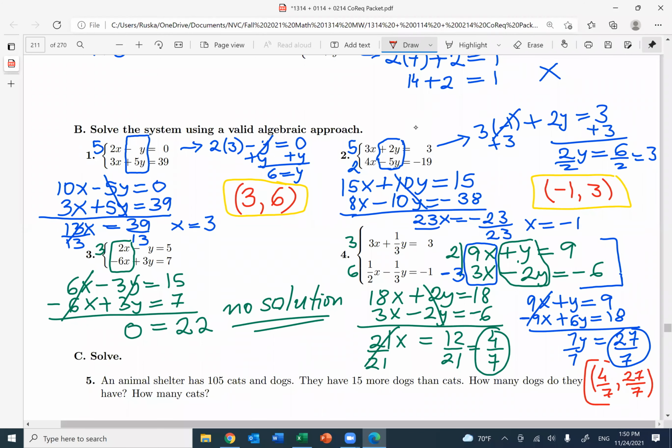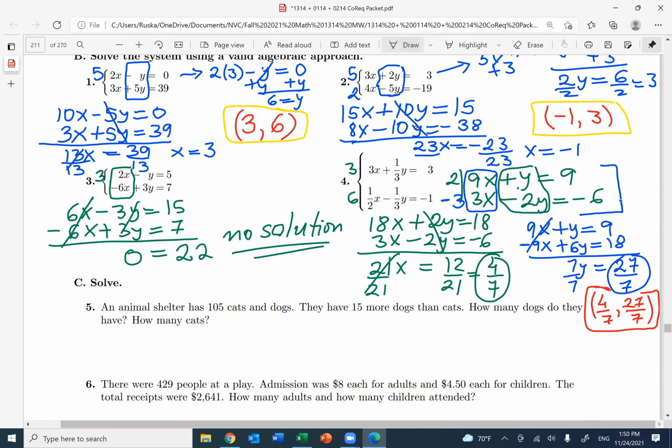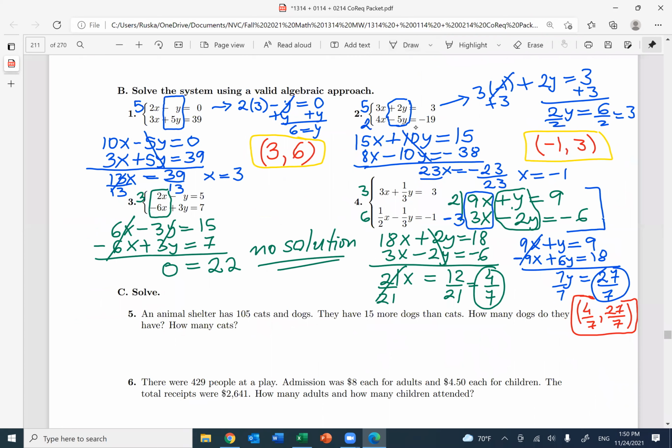So this is my answer. So always remember, when you get a fraction, if one of the answers is a fraction, it's easier if you go ahead and eliminate the other variable. Because if you plug it in with a fraction, it's a little longer to simplify, because you have to work with fractions and solve the equation with fractions. It's still doable, but it's easier if you do it that way.